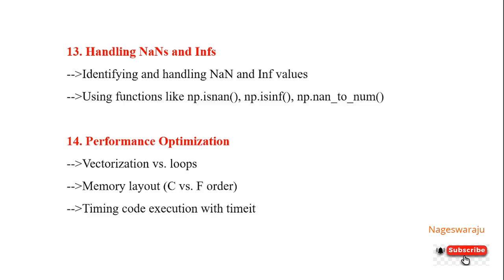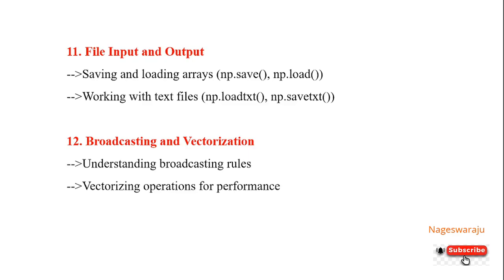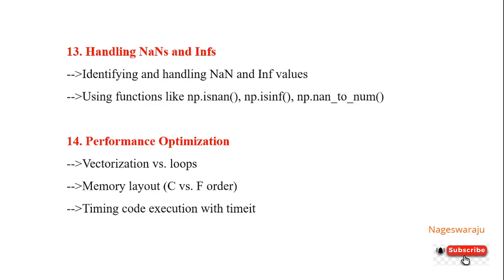Next, performance operations. Here performance operations are vectorization and looping. These are new things when we look at broadcasting rules. These vectorization functions will be there. Here also vectorization versus loops. These are ways to process the entire data using vectorization and loops.